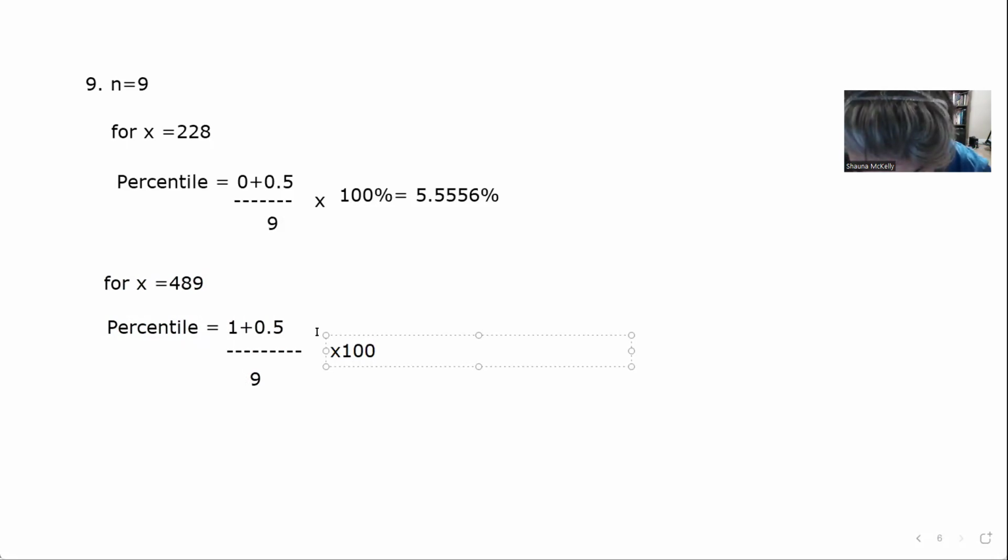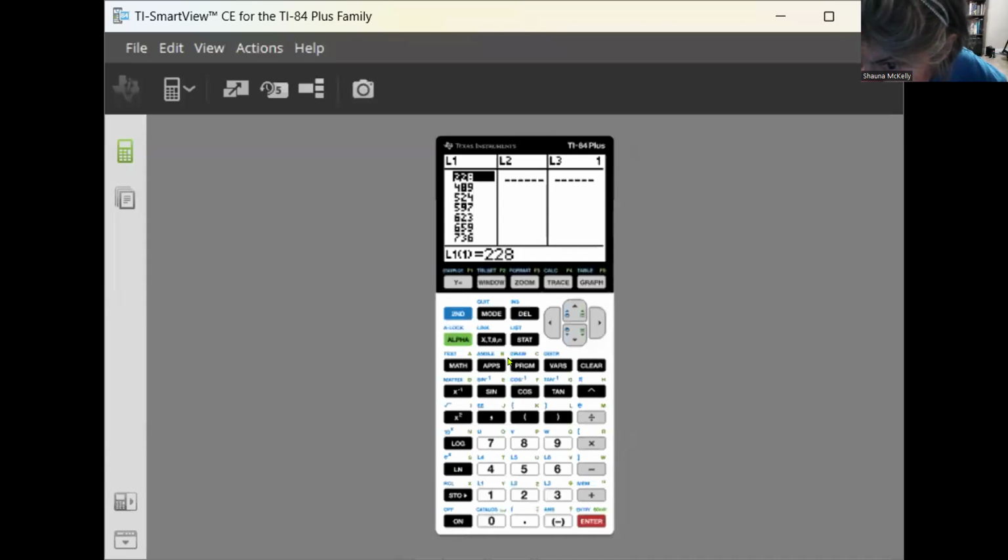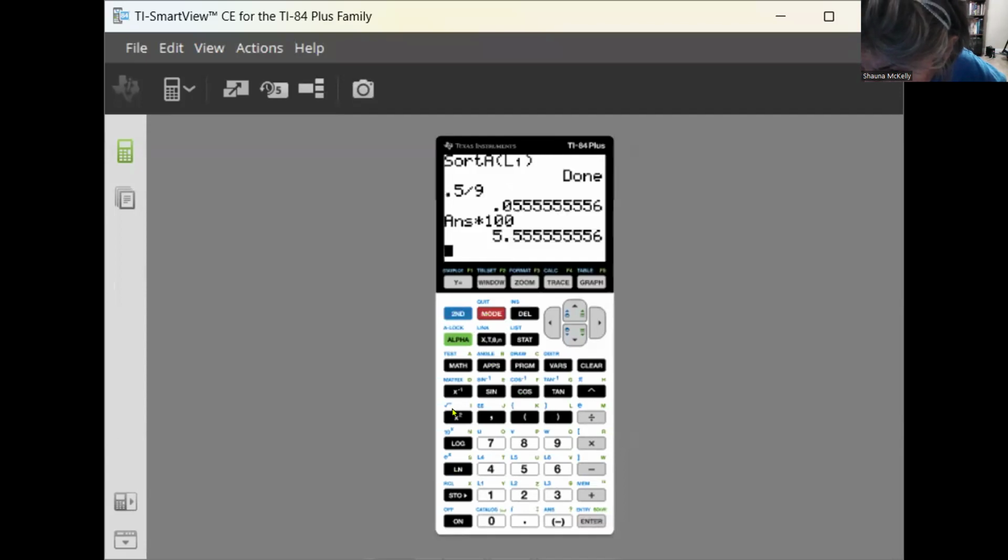And if we work that out, let's see what we get. So we get 1.5 divided by 9. And that gives us 0.1667 times 100.